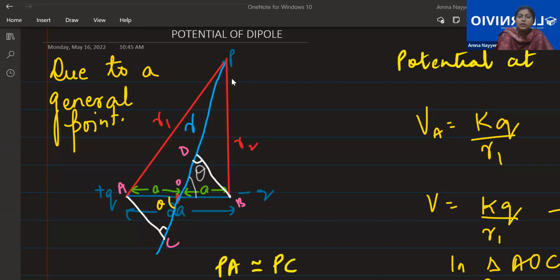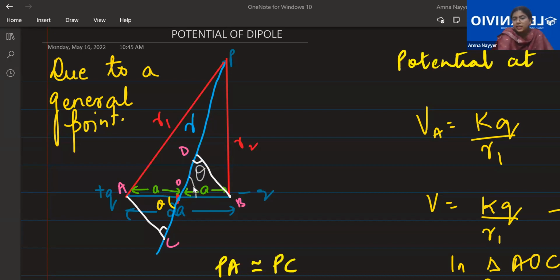Then from the shorter one, we did it till here that R2, this PB and PD, are now equal. So PO can be written as PD plus OD. OD we took out from this theta, again from this triangle, that is A cos theta.